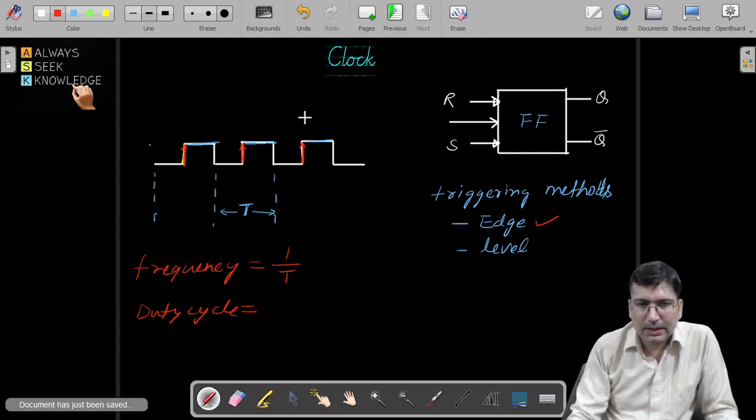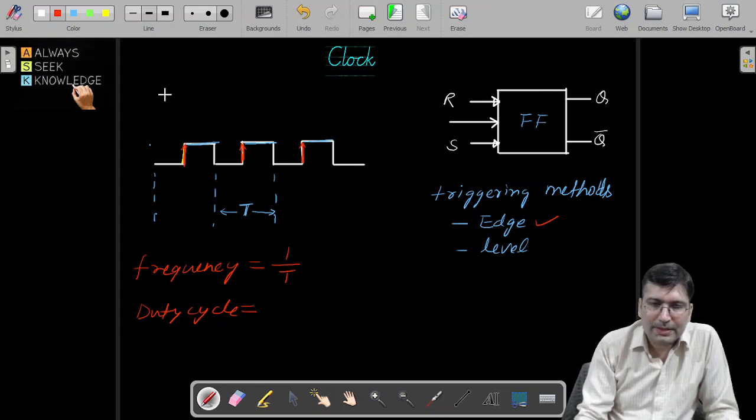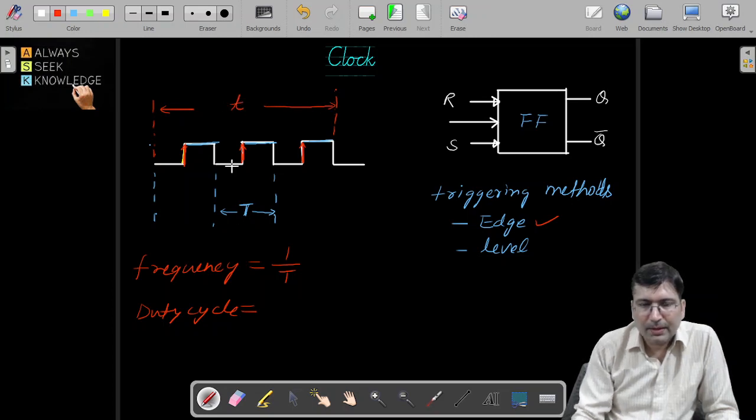For a clock, the duty cycle is the time period in which the clock was high. So let's say you assume this particular clock, from this point to this point the overall time is, let's say, t, but in this particular t interval of time the clock was high for just 50% of the time.